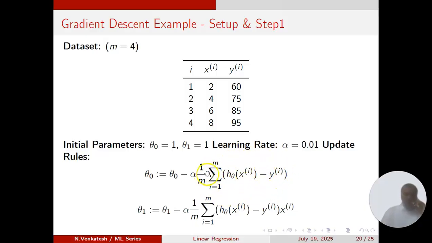So 1 by m into alpha, and similarly you multiply that error over each example with xi, and then total over all training examples, when you do 1 by m, you can update theta 1.